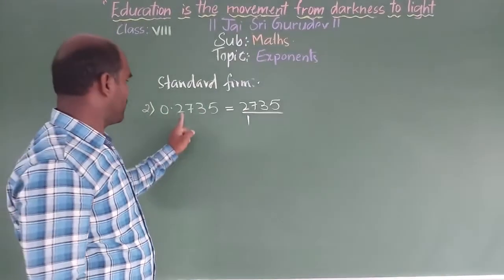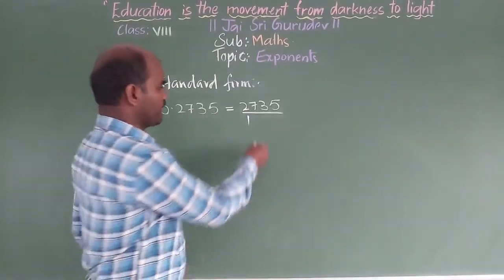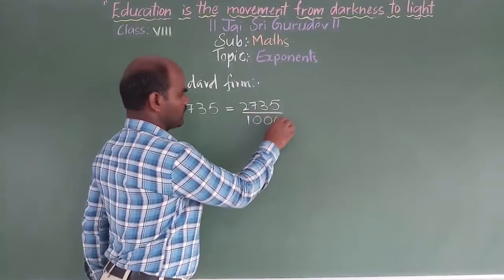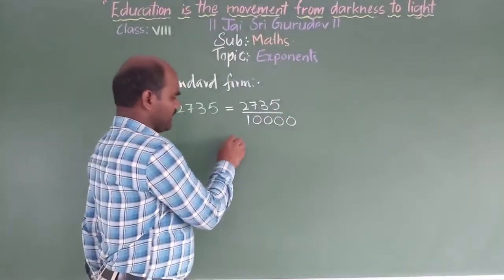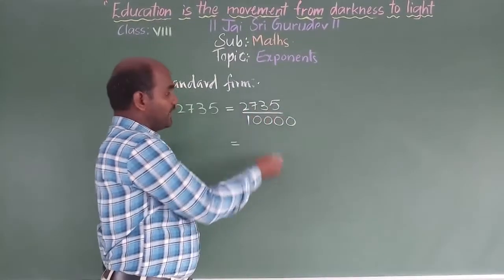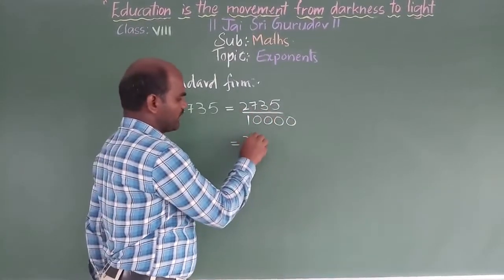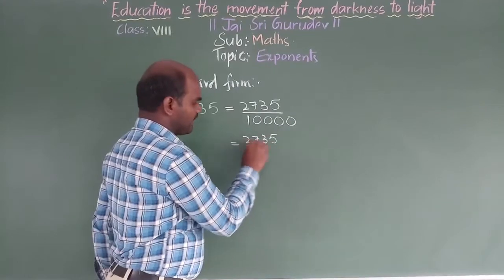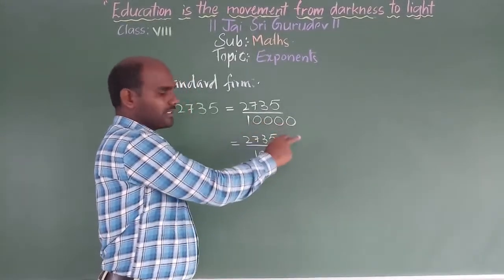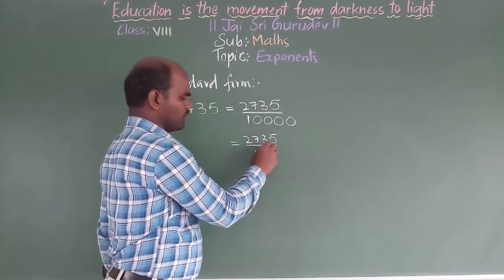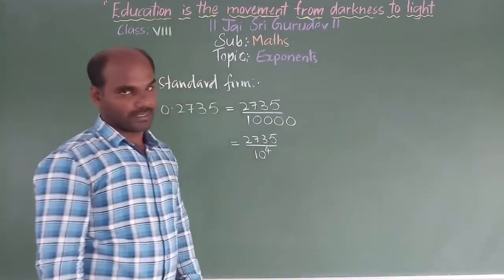How many decimals are there? 1, 2, 3, 4. So it equals 2735 divided by 10 power, how many zeros are there, children? 1, 2, 3, 4. So 10 power 4 we have to write.